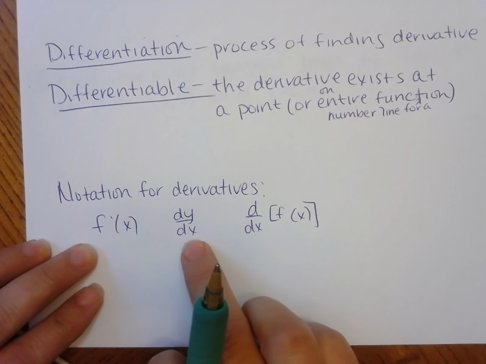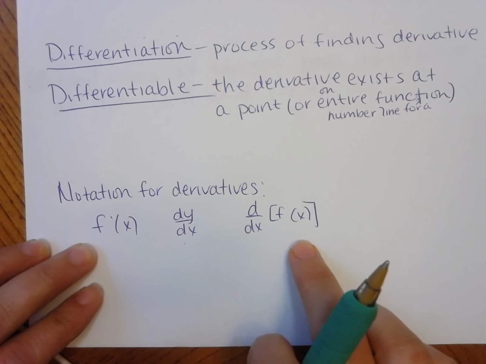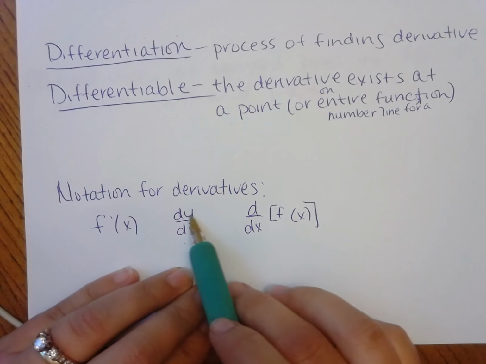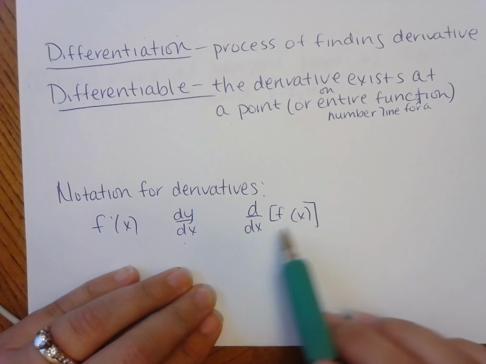So the derivative of y with respect to the variable x is what this means. And then this is just another notation where sometimes we say d dx because we can sometimes call y f of x. And so this is just one last notation. So these are the ones that are most common to our book.